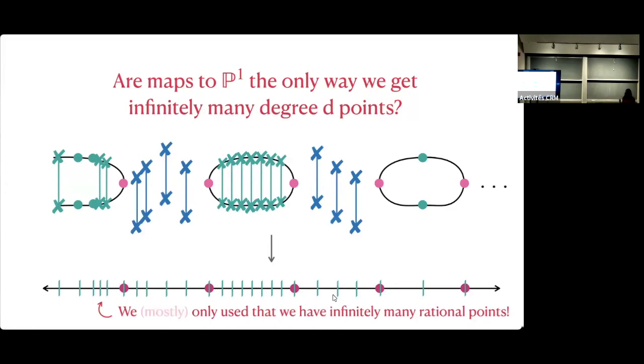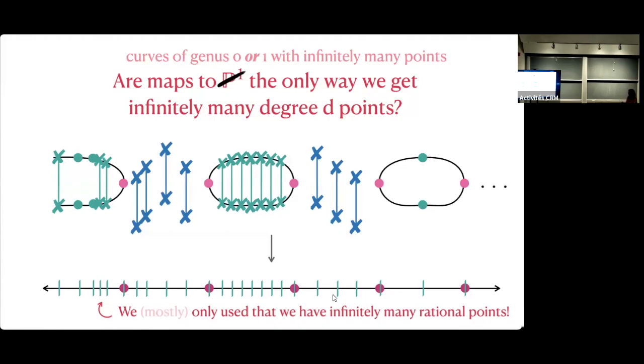And if you rewind even farther, all the way back to the beginning of the talk, you might remember that Faltings' theorem had 2 possibilities of genera where I could have infinitely many points. I could have genus 0 or genus 1.